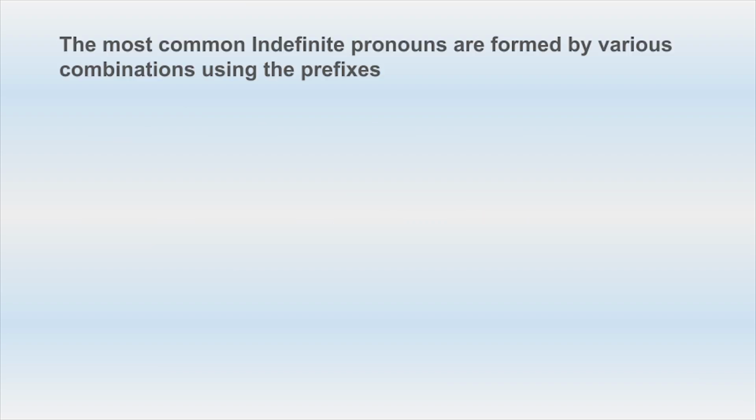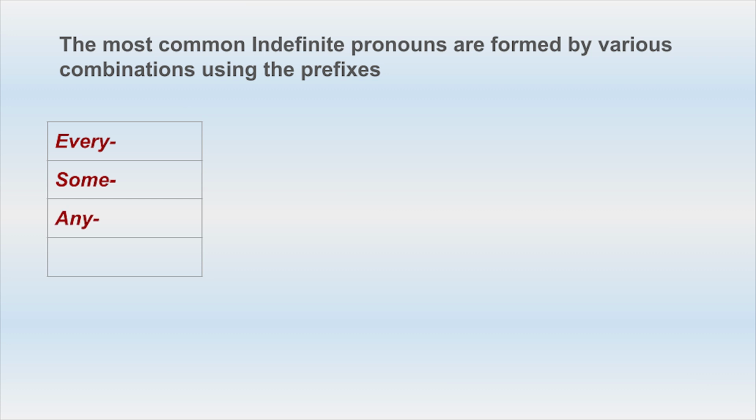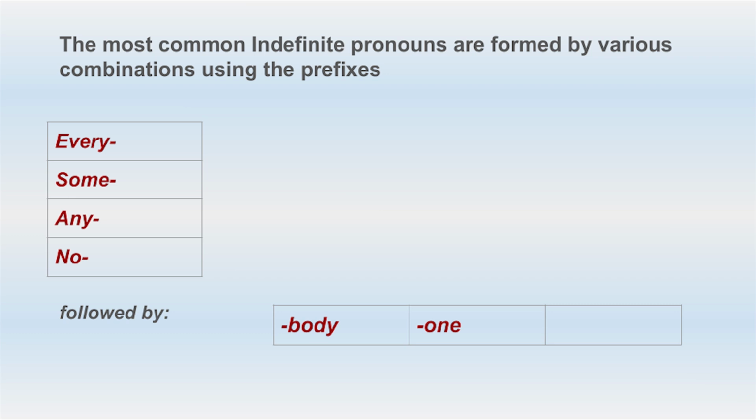But the most commonly used ones are formed by a combination using the prefixes every, some, any, and no, followed by body, one, and thing.